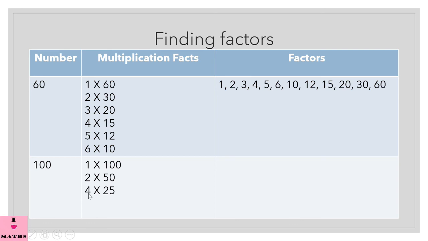So children, 4 and 25 both are the factors of 100. Okay, now 5. Obviously 100 will come in the table of 5 because there is a 0 at one's place. So 5 20s are 100. So 5 and 20 both are the factors of 100.